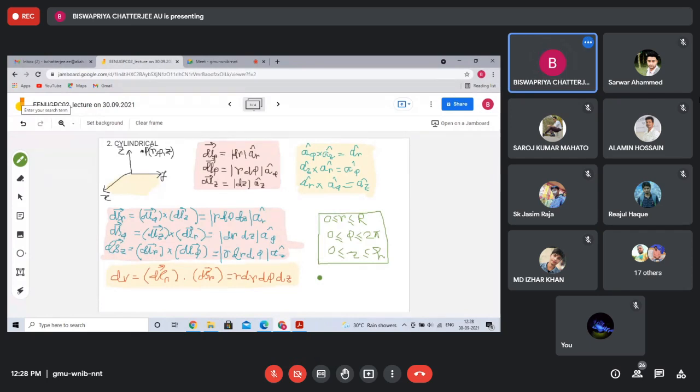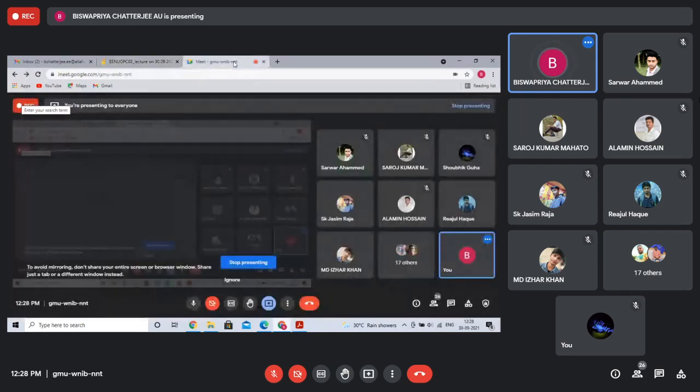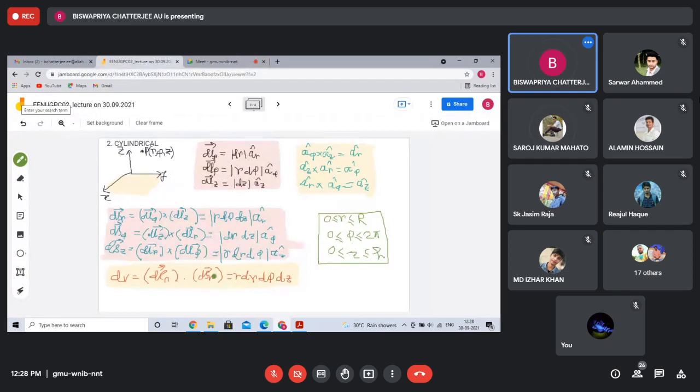Anybody? I hope you know how to calculate triple integral. So 2 pi r h. Sorry? Any answer? It's a simple integration.